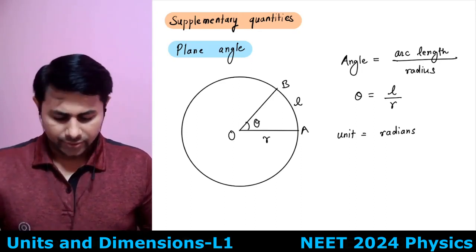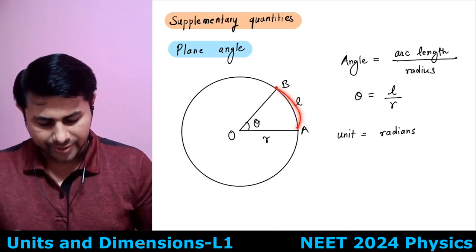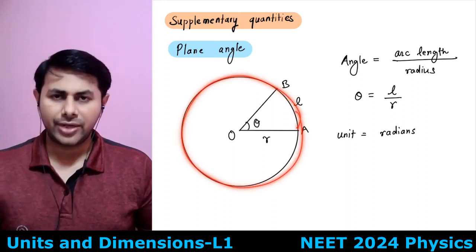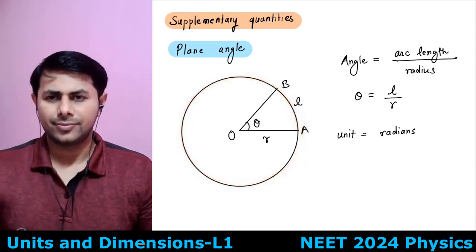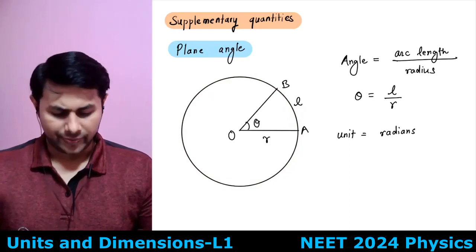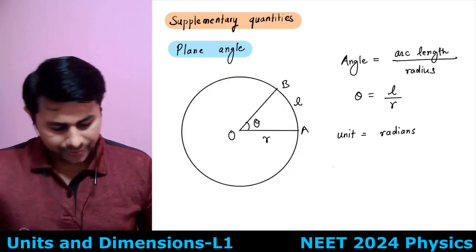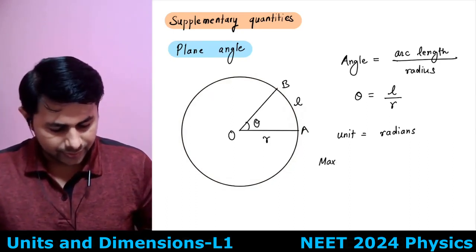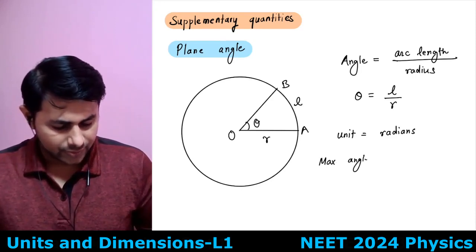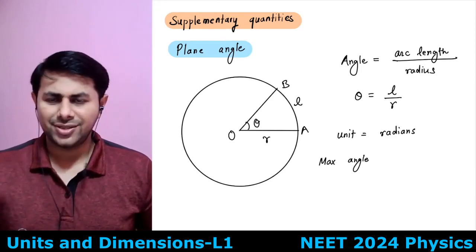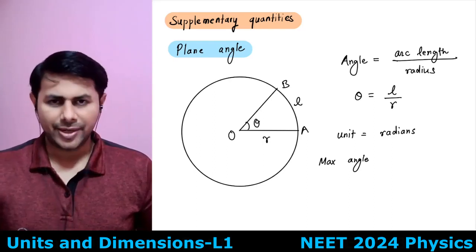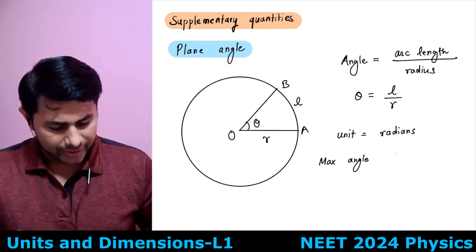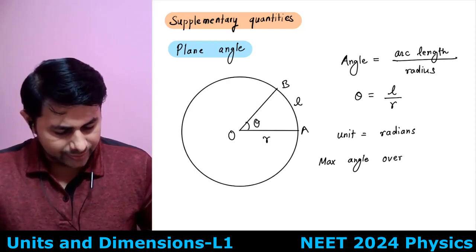Now what can be the maximum angle which you can make on this circle? 360 degrees. What is the maximum angle in radians? 2 pi radian.